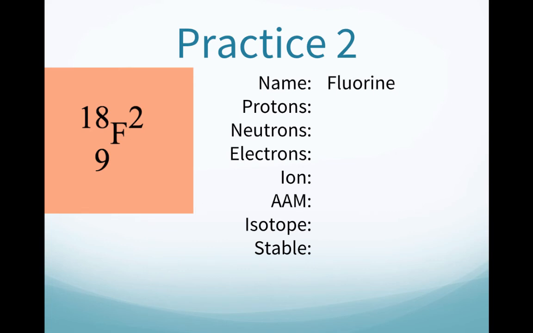Its name is fluorine. There are 9 protons, 9 neutrons, and 7 electrons. 9 minus 2 is 7. This is an ion because it has a charge. The AAM is 19, therefore this is an isotope. It is not stable.